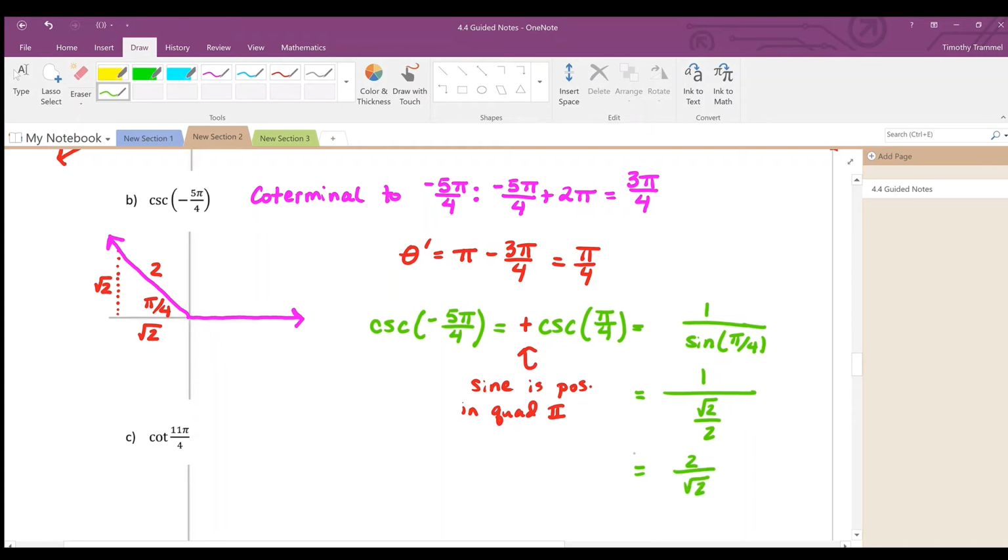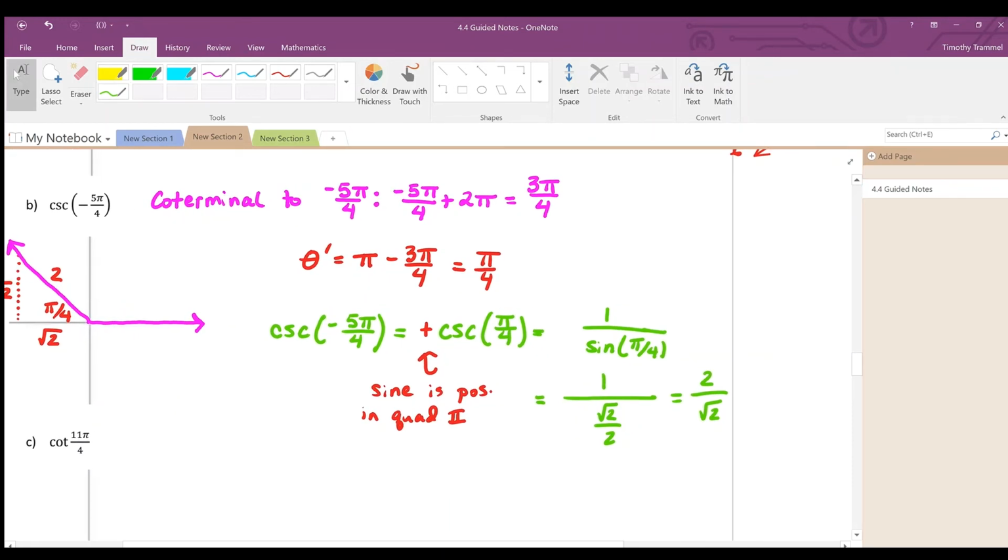And I realized I was just running off the page here a little bit, or into the next problem. Let's just go ahead and write it right here. 2 over the square root of 2. And you could rationalize this. This would be 2 root 2 over 2, okay, which is just root 2.